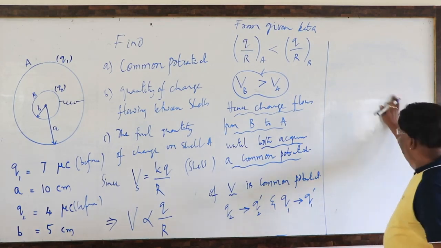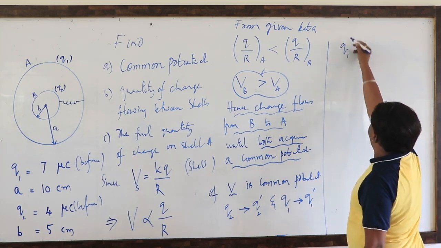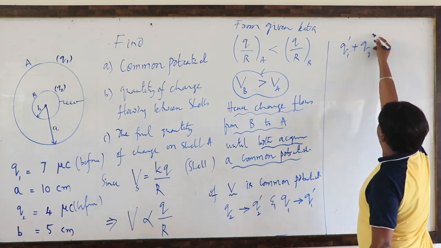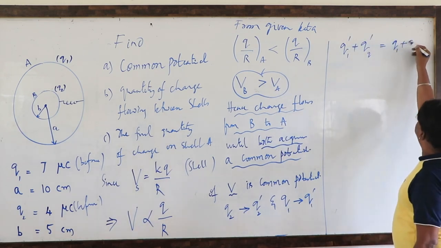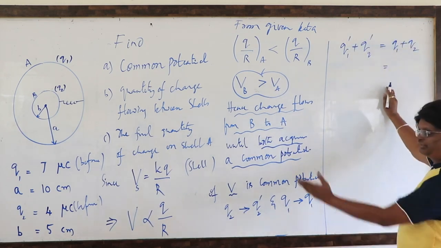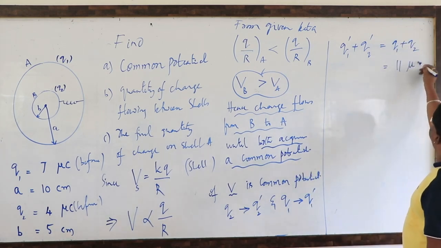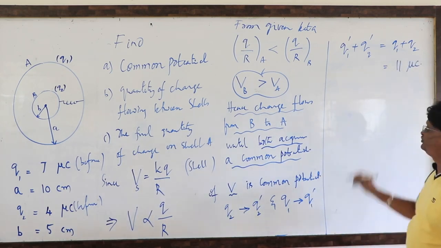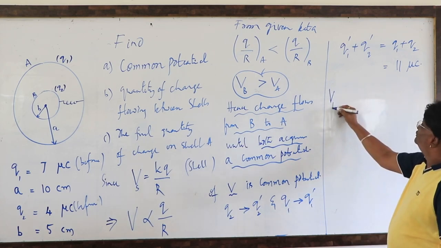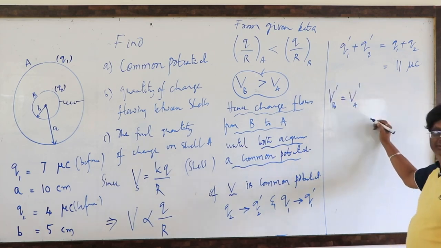Is it right? Therefore I am writing Q1 dash plus Q2 dash is equal to Q1 plus Q2, which is 7 plus 4, 11 microcoulomb. This is one thing. Now when we say common potential, VB dash is equal to VA dash.